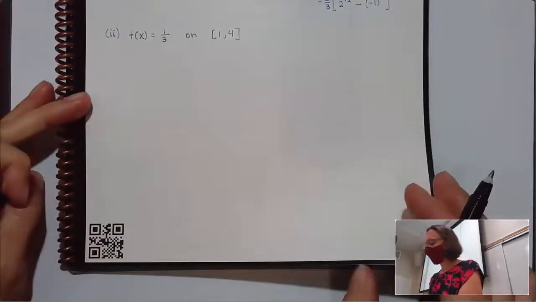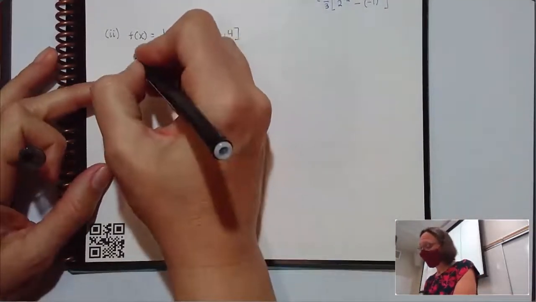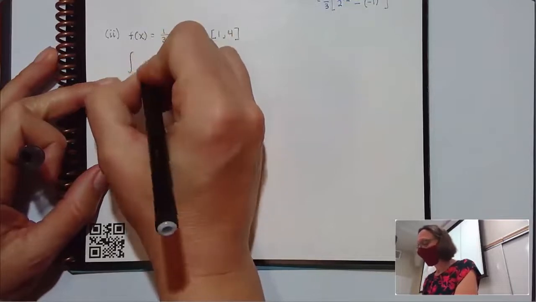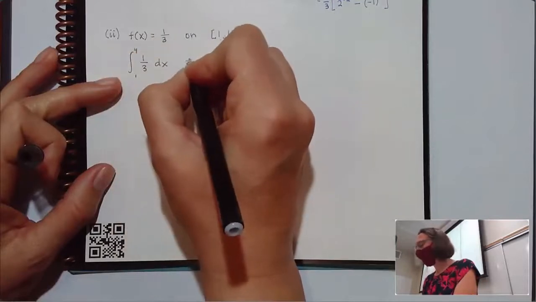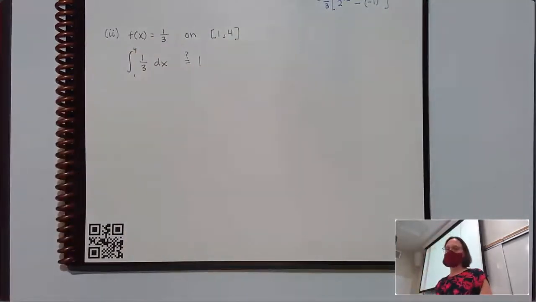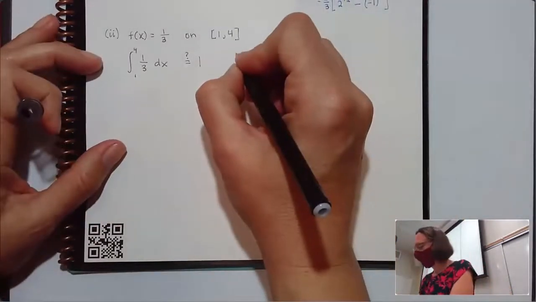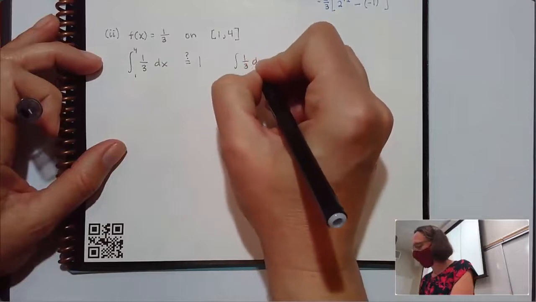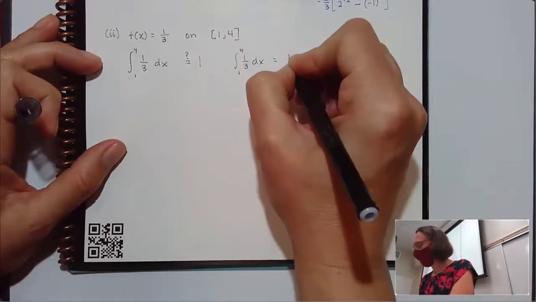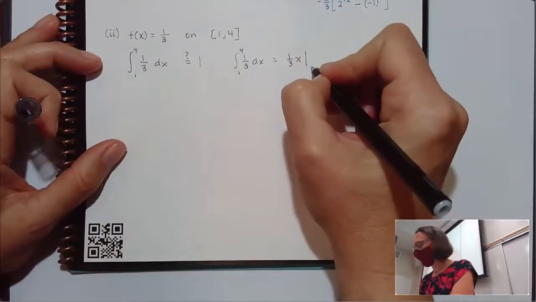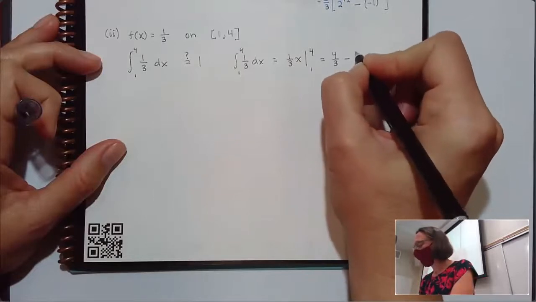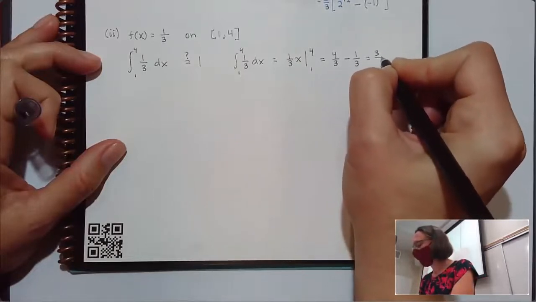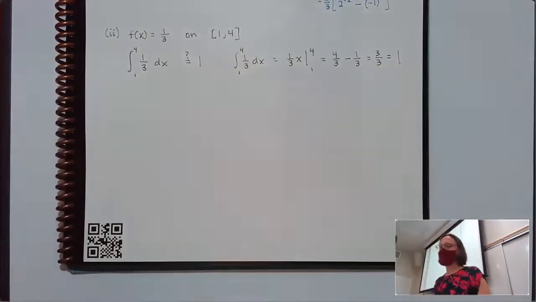But if we stick with this same idea, if I'm going to show that it's a PDF, we're really being asked if we integrate this function from 1 to 4, is it equal to 1? I think it should be. If I integrate 1/3 dx, I'm going to get 1/3 of x from 1 to 4. So I'd have 4/3 minus 1/3, and that is 3/3 or 1.